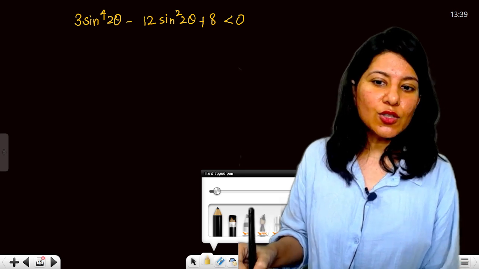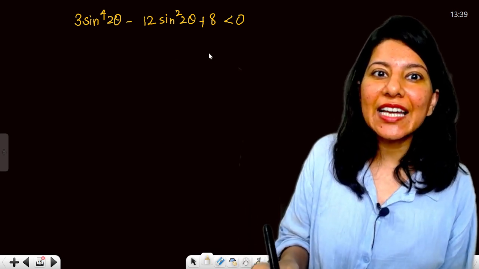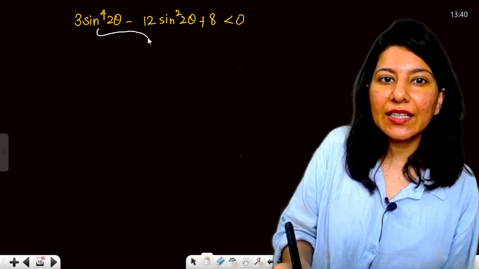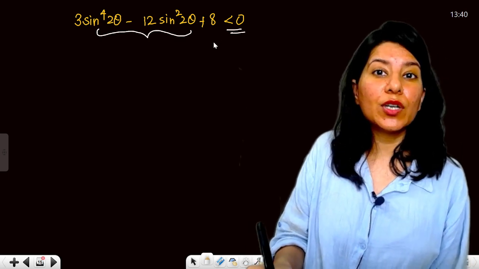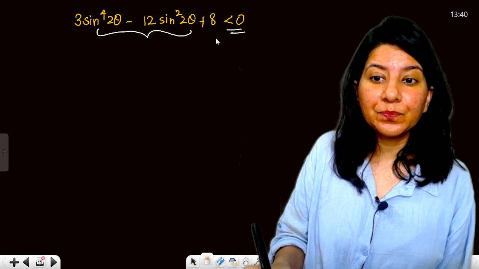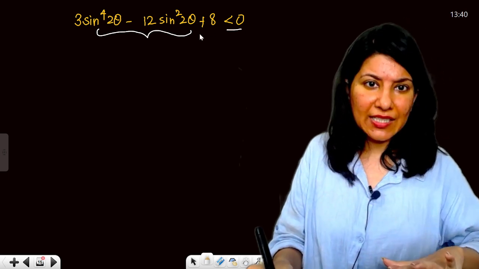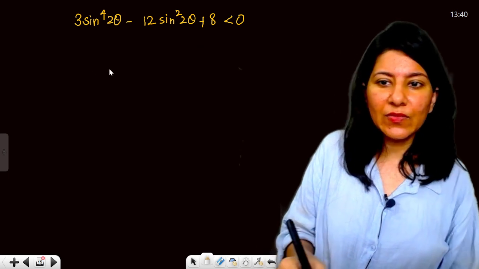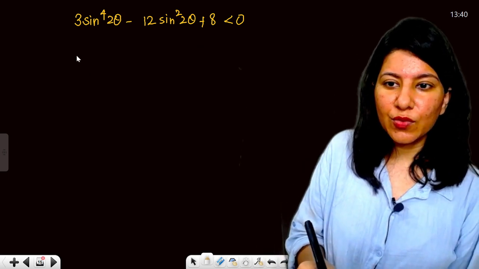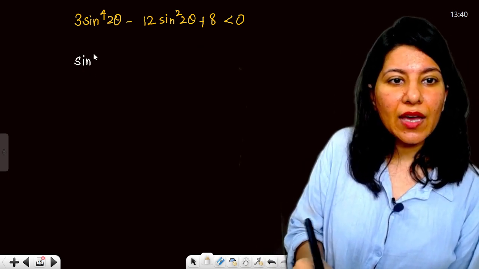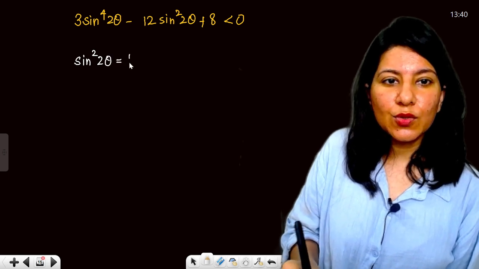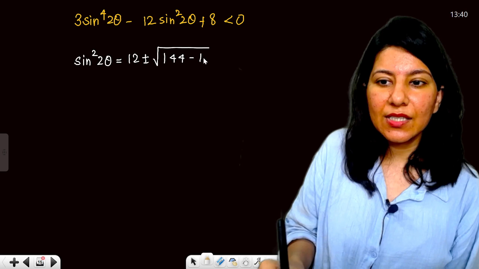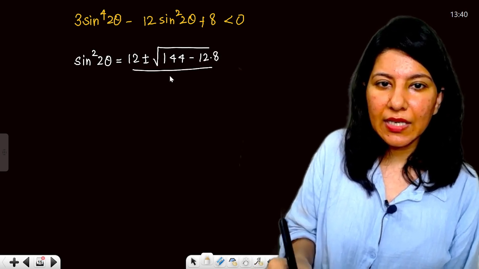Now just tell me, again, this is a quadratic in sine square 2 theta. Quadratic inequality. Any quadratic less than 0, what does that mean? This is a clear-cut question of the wavy curve method. Let's apply the formula: sine square 2 theta is equal to 12 plus minus root of 144 minus 12 multiplied by 8, upon 6.